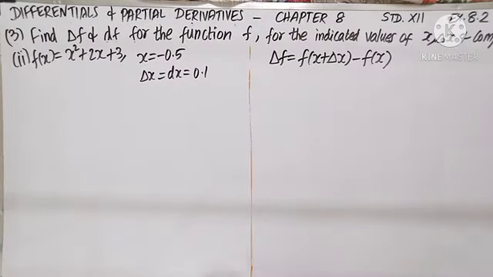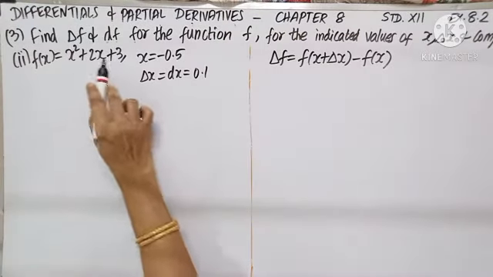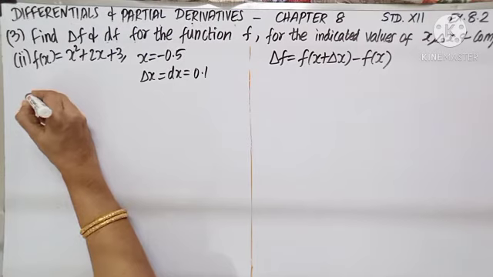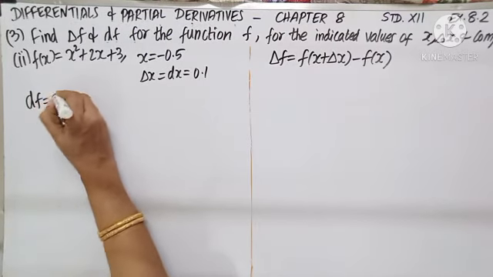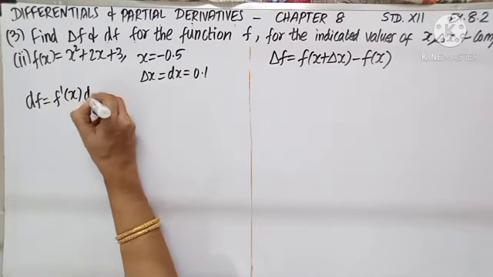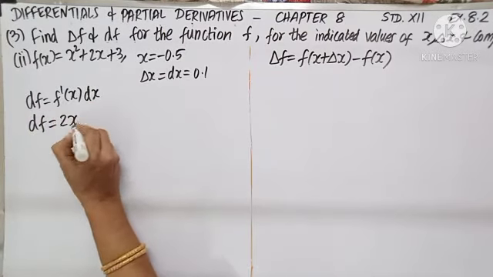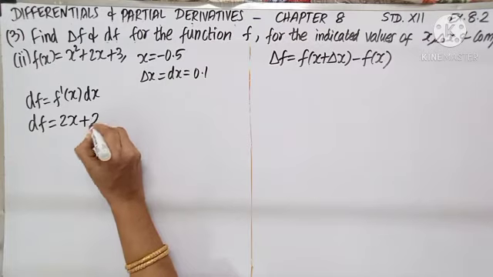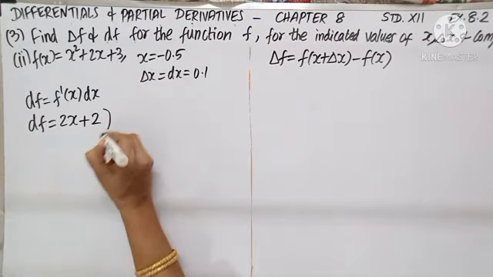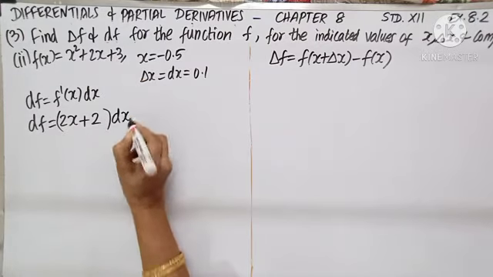Second subdivision, f of x equals x square plus 2x plus 3. What is df? f dash of x into dx. df equals x square becomes 2x, 2x becomes 2, constant becomes 0, into dx.